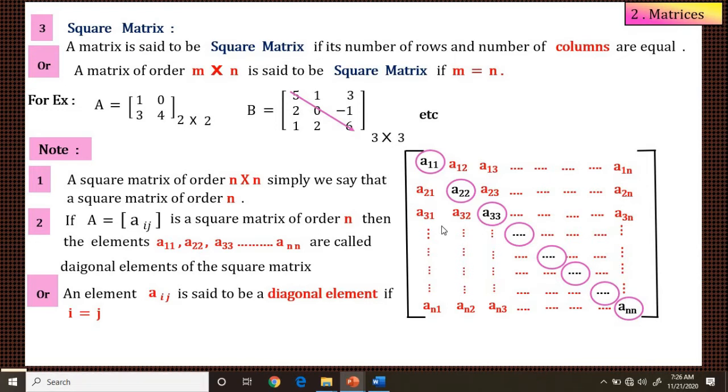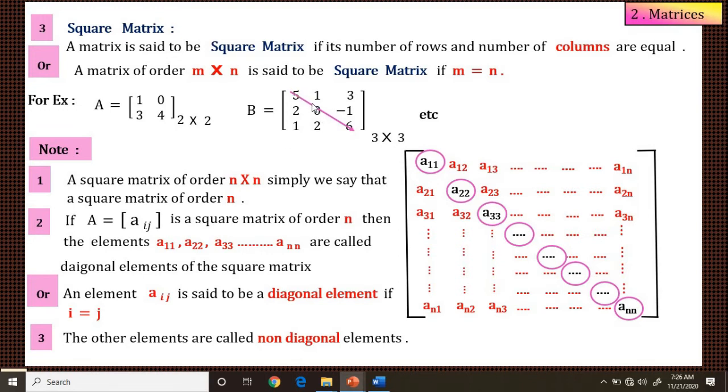And third point, the other elements are called non-diagonal elements. That means the remaining elements in the square matrix are non-diagonal elements. In the above example, this upper side element, that is 1 3 minus 1, and this lower side 1 2 2 1 2, these elements are called non-diagonal elements.